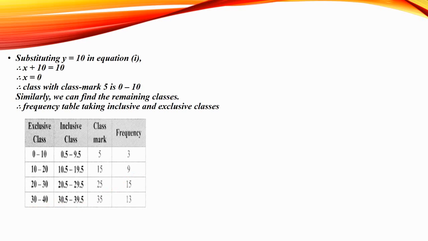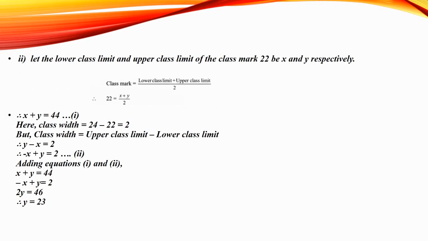Now, let the lower class limit and upper class limit of the class mark be x and y. The class mark is the lower class limit plus the upper class limit upon 2. Cross multiplying with class mark 22 multiplied by 2, we get 44 equal to x plus y.